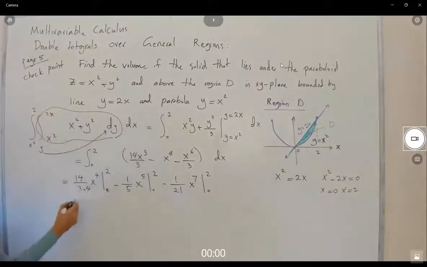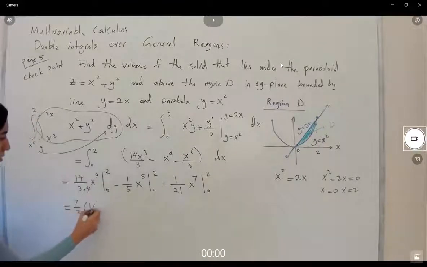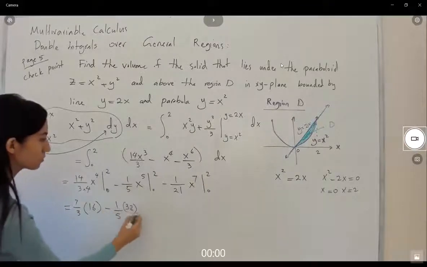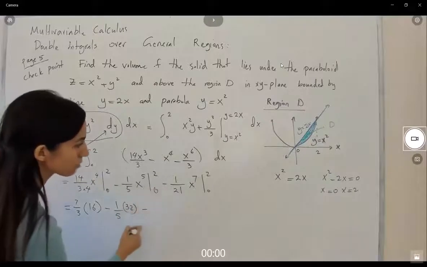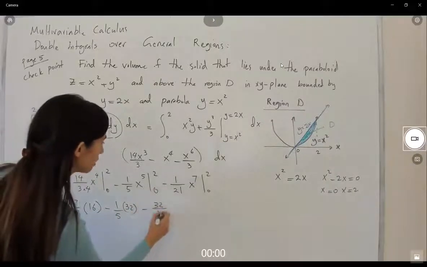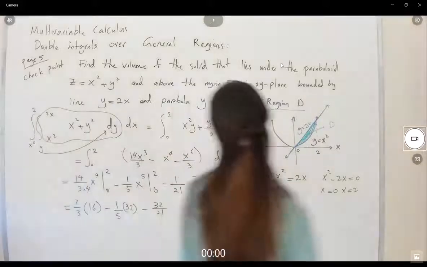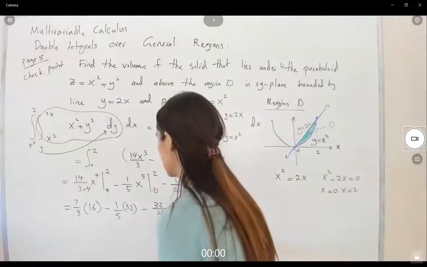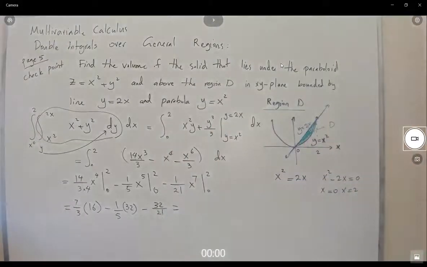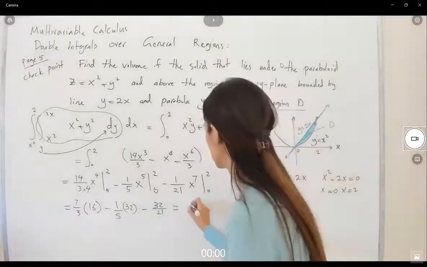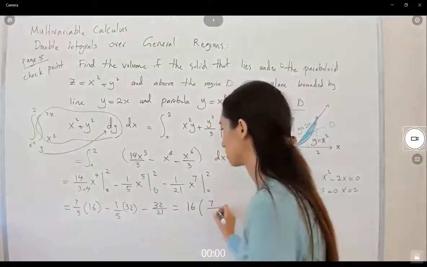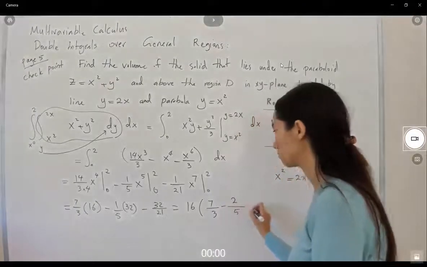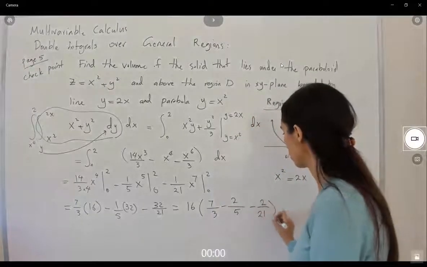So if I simplify this, I get 7/3 times 16, minus 1/5 times 32, minus 32 divided by 21. Let's see. Let me just factor out 16. So I have 7 divided by 3 minus 2 divided by 5 minus 2 divided by 21.